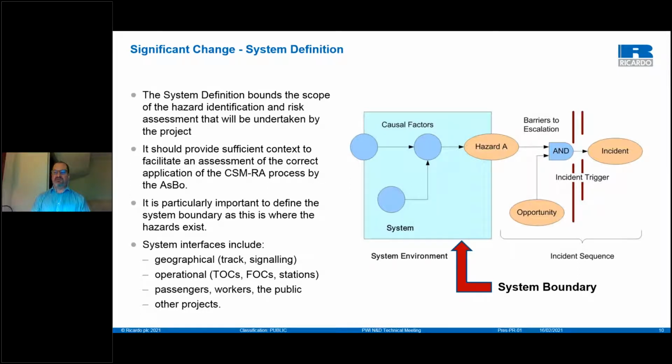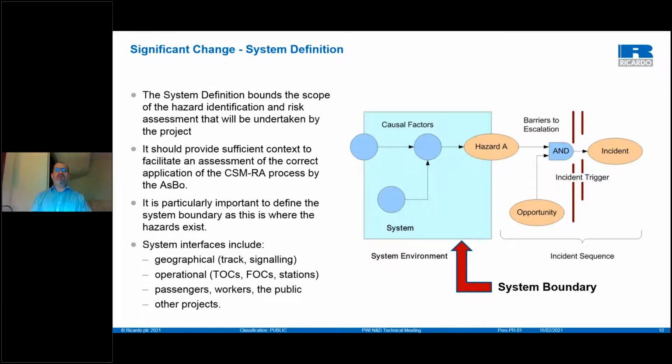For instance, the boundaries between the CDM hazards and CSM hazards. So hazards associated with construction are not necessarily within the scope of the CSM.